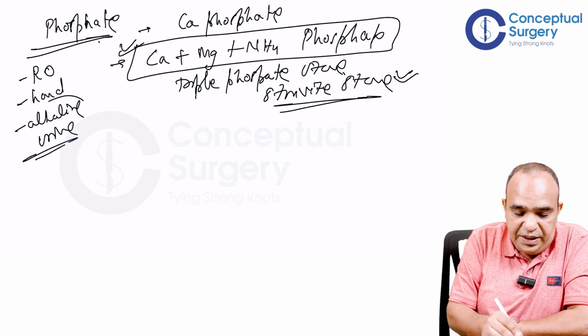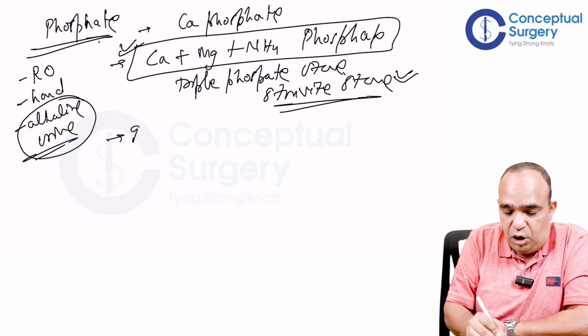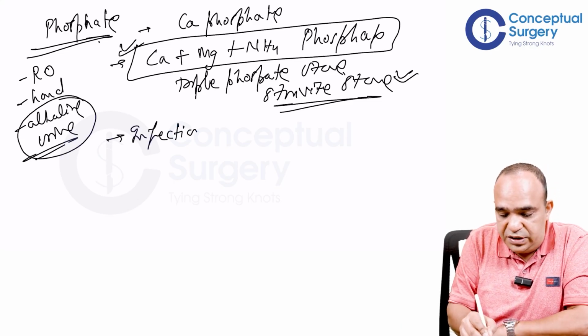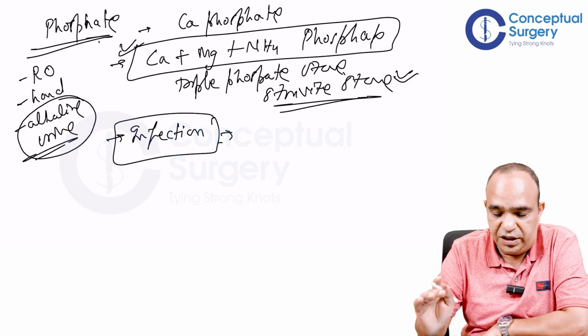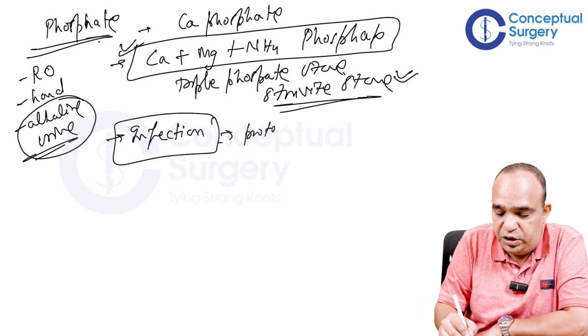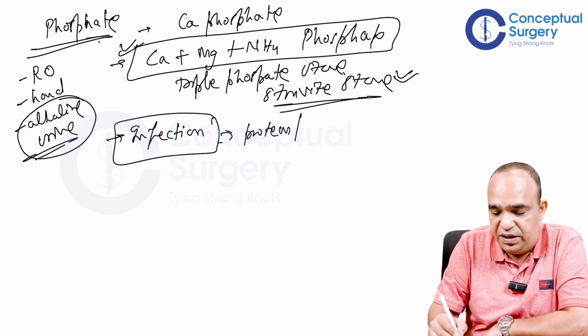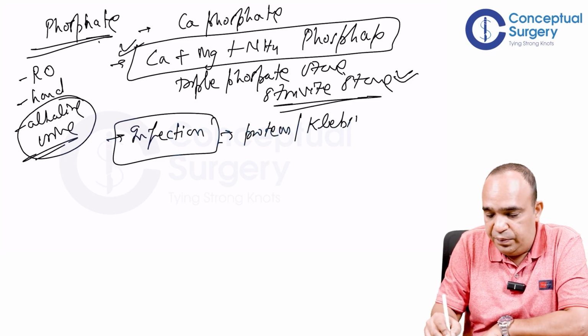Now they precipitate in alkaline urine. Now the most common stone associated with infection. That's a previous question. I've already told you. Which infections? Proteus is one of the most common, Klebsiella, staph.